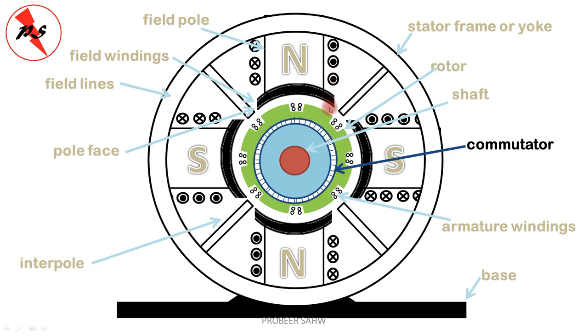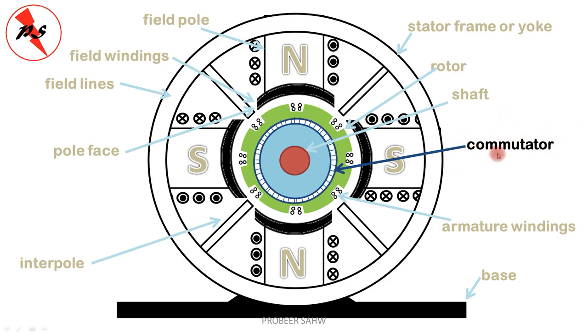Therefore we have to convert that AC EMF into DC EMF. For that purpose we have the commutator section. How that happens will be taken up in some other video, but we have to remember that in the construction there is this very important element known as a commutator.